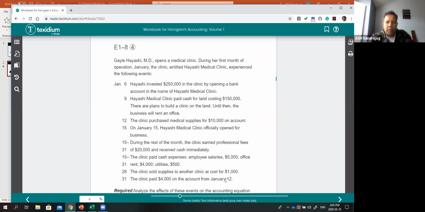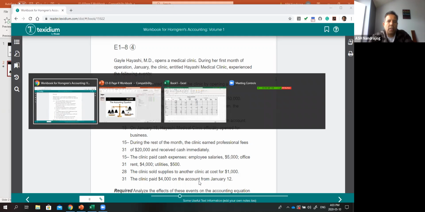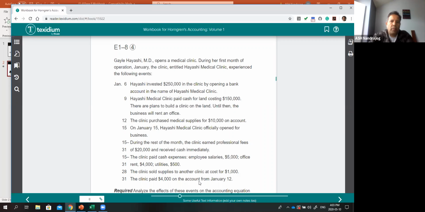Okay, so that means our liability or the accounts payable would go down by $4,000. And how do we pay somebody? With cash, right? That's how we pay somebody. So our cash would have to go down by $4,000, and then the accounts payable liability would have to go down by $4,000. So let's record this transaction in our workbook.